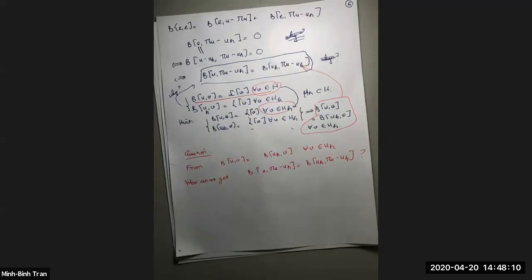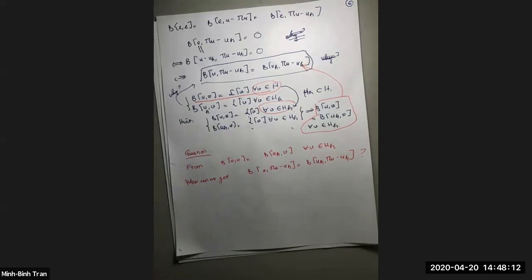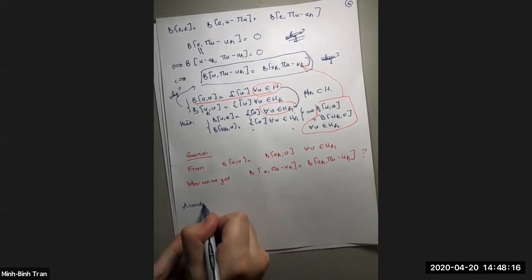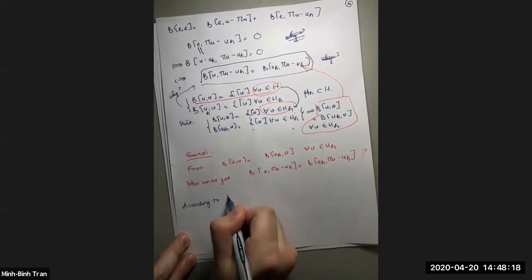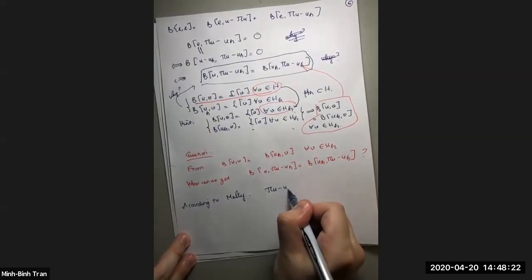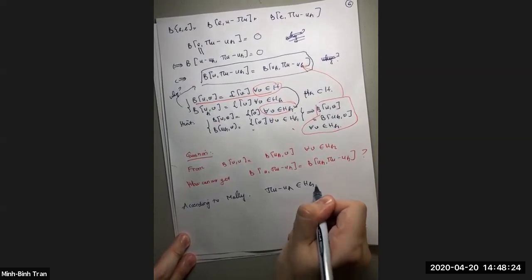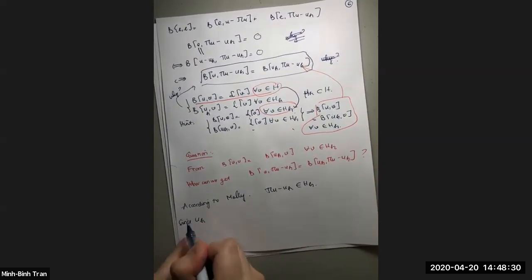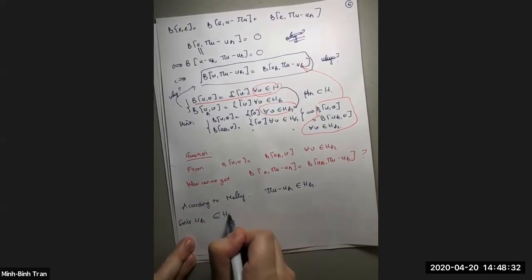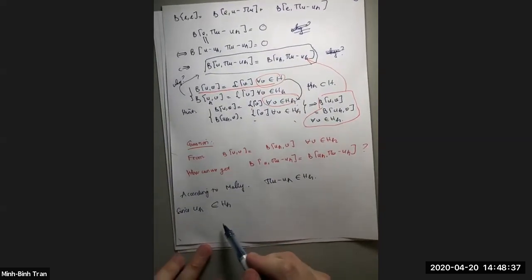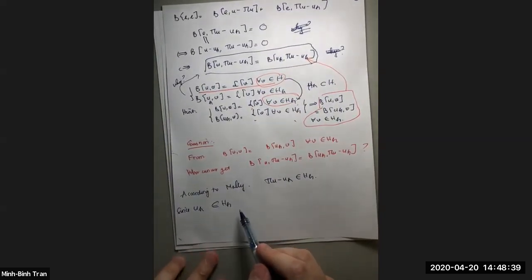Right, Molly got it. So according to Molly, this is true because pi u minus u_h is in H_h, right? Why? This is clear because u_h is in H_h, because we solve the equation in this smaller space, so the solution also lives in this smaller space.